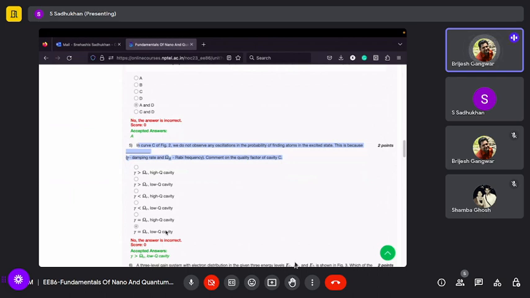See, in the excited state the probability is zero in the lower case because there is a low Q cavity. So low Q cavity means the damping rate of the cavity will also be higher, right? But it starts from gamma equal to omega, no? Gamma equal to omega. From there we get this kind of behavior.